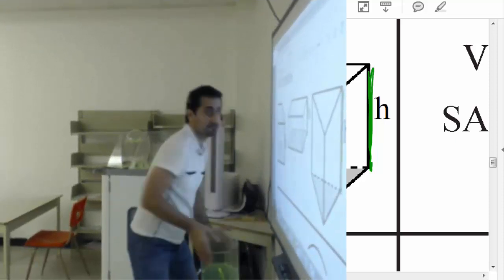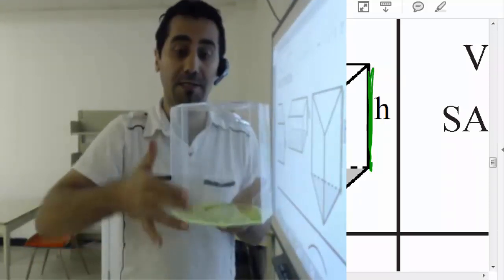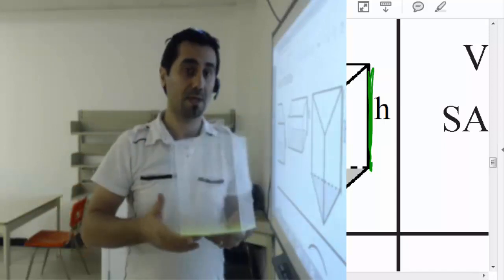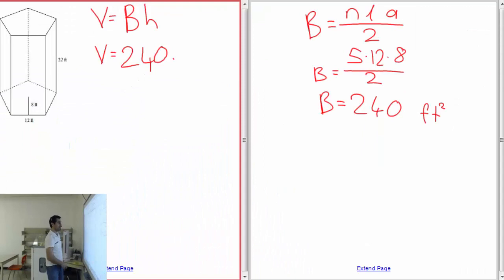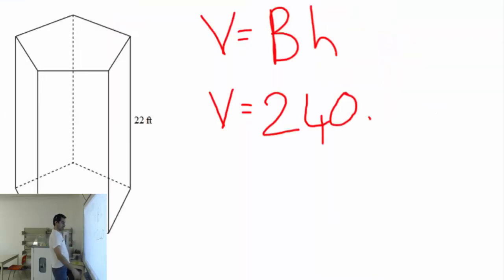And once again, height is this. So let's go back. Height is, that is very small. Let's make it bigger. Height is 22. So I'm going to write down 22.